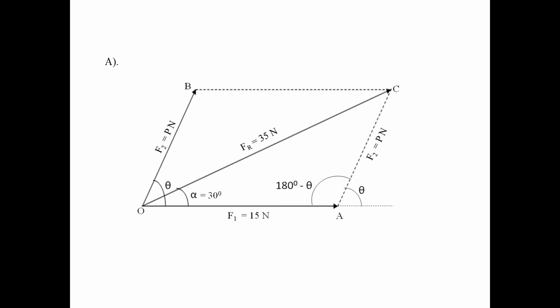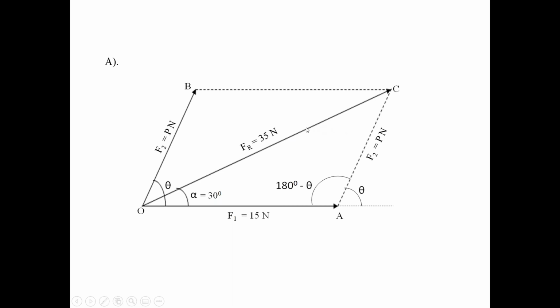Please remember, you might have read the cosine rule in intermediate trigonometry. According to the cosine rule, AC square is equal to OA square plus OC square minus 2 into OA into OC into cos of the angle between the sides OA and OC. That angle is 30 degrees.